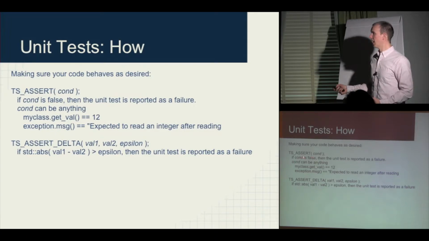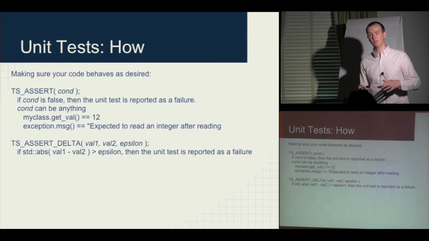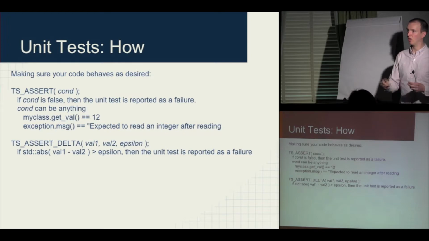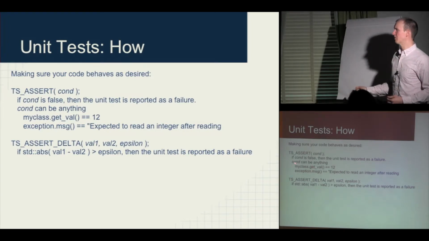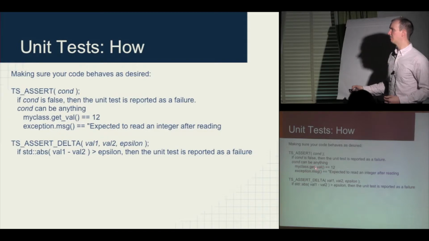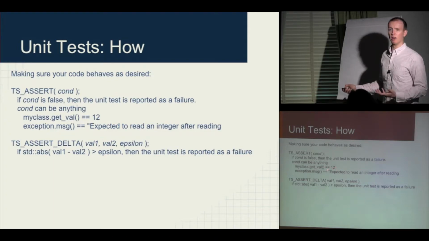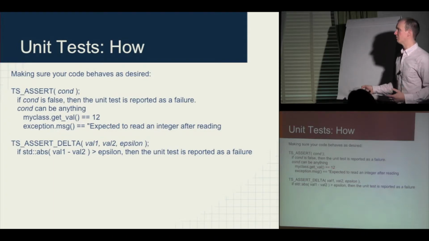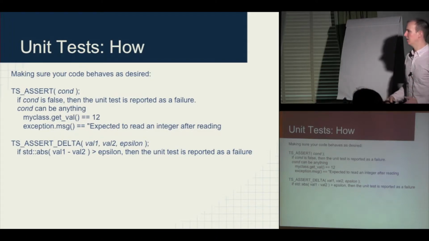So if you run all the unit tests, then if one of the tests fails, it'll report it at the end. You had one test failure. So for instance, this condition can be anything. So if you want to call the getVal function of your instance of my class, you could assert that it equals 12, right? Maybe that's a reasonable value for getVal given some preceding lines of code.